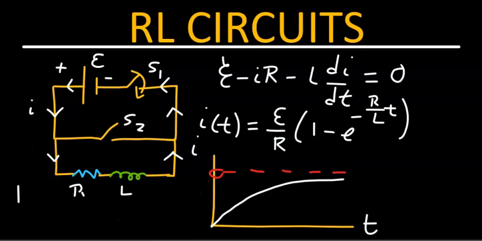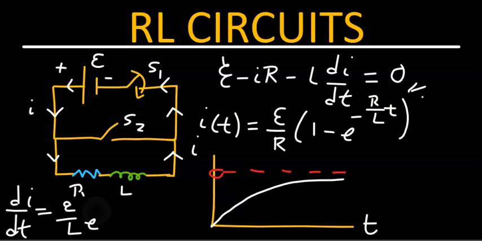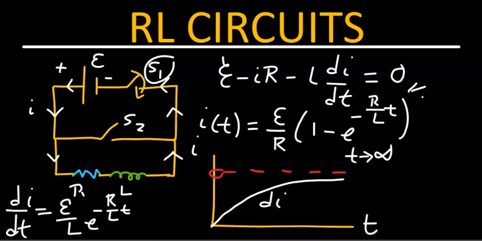Next, let's work out the rate of change of that electric current. From this expression, it is just a matter of taking the derivative of I with respect to t. When you do that, you get (E over L) e to the power minus R over L t. We can immediately see that as t tends to infinity, namely at very long time after that switch S1 is closed, your di/dt tends to 0.